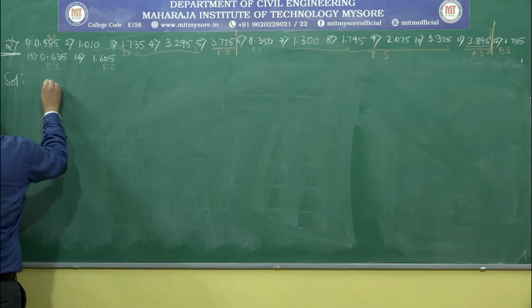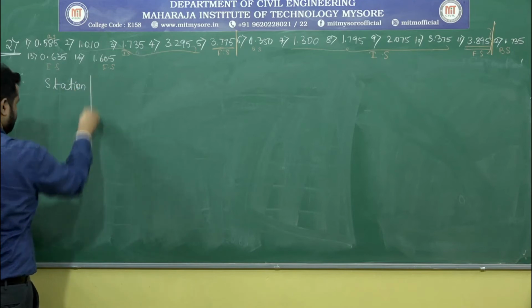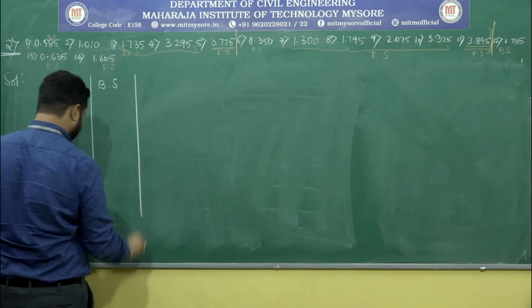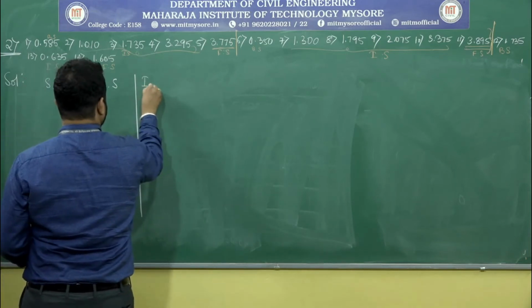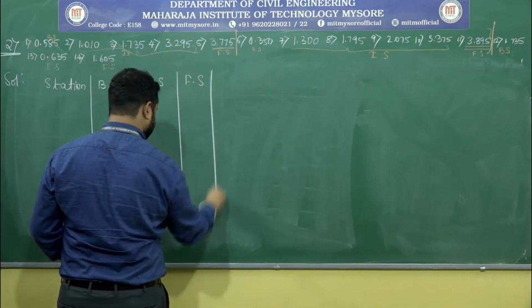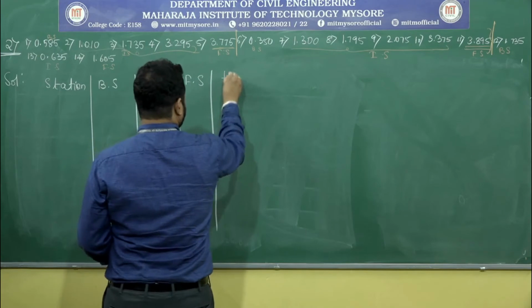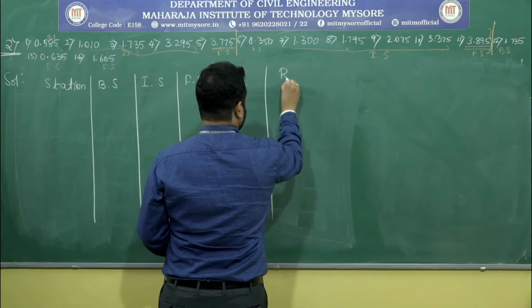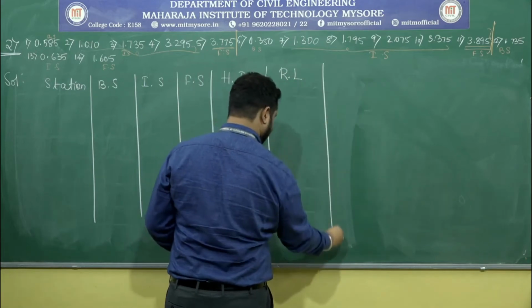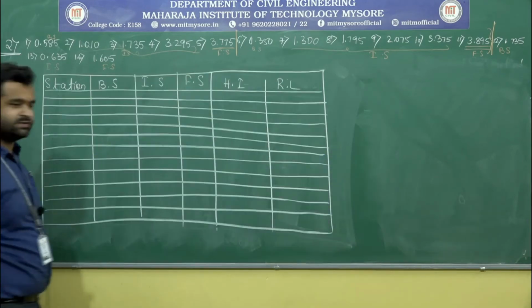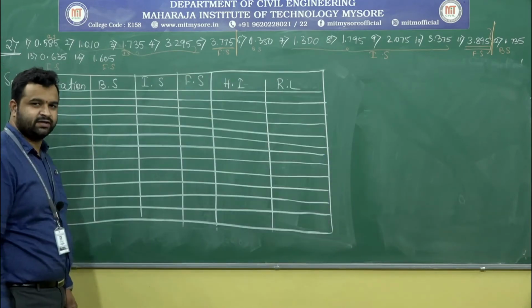Okay, so first column, station, backside, intermediate side, foresight, height of instrument, RL. Okay. Now the tabular column is ready. Let us enter the readings here.